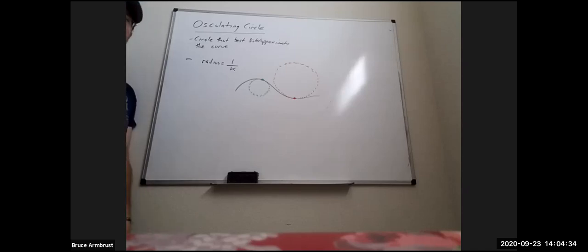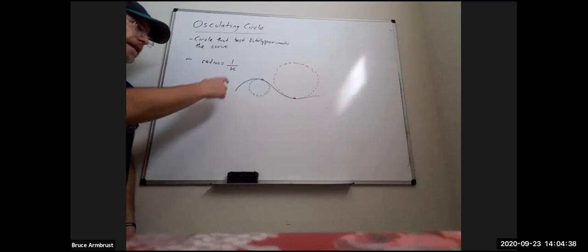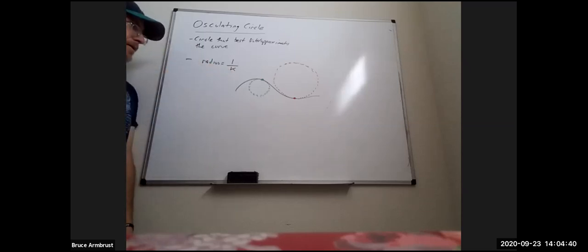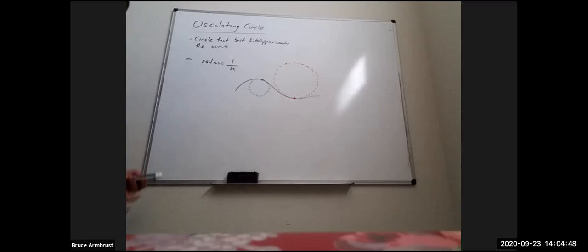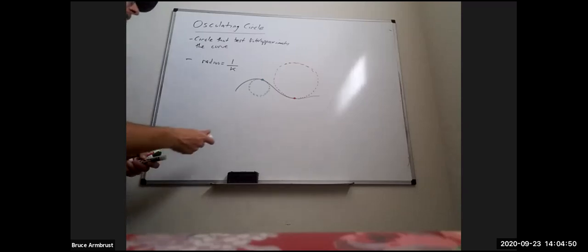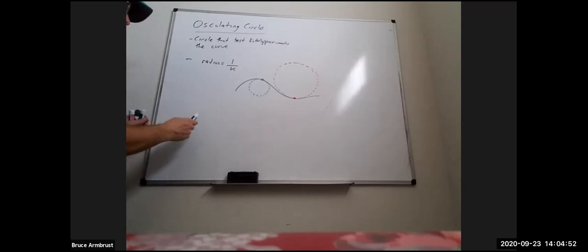And similarly, the smaller the K, the bigger the circle. Like, play it out. Let's say we're getting really, really straight. So we're not quite at a line yet, but let's just imagine we have something that is fairly straight. So let me draw something here that's just got a slight bend.